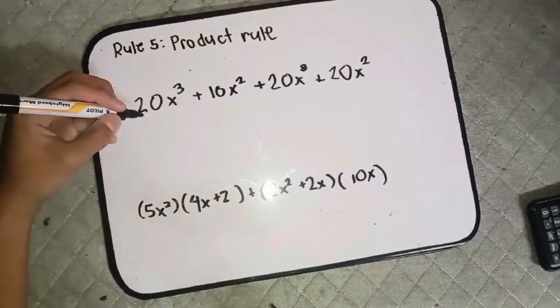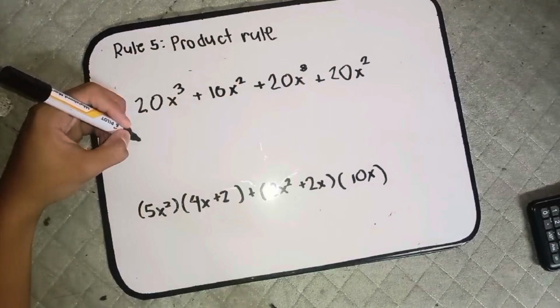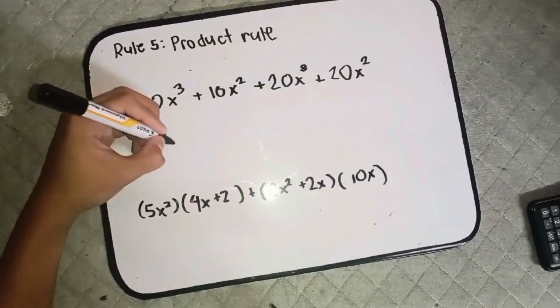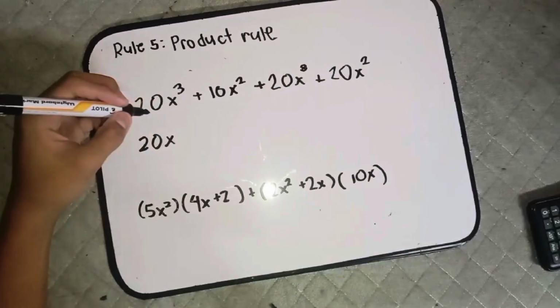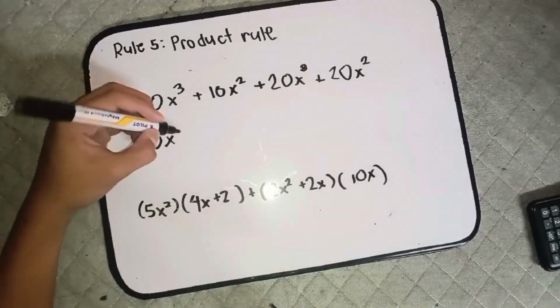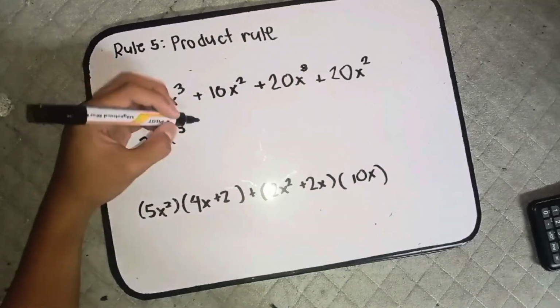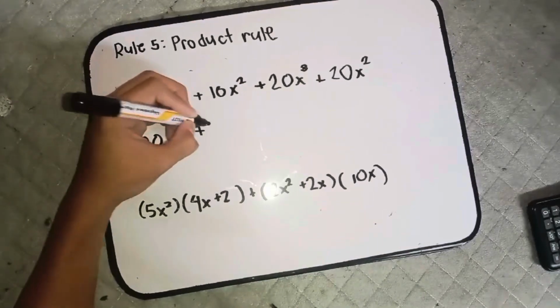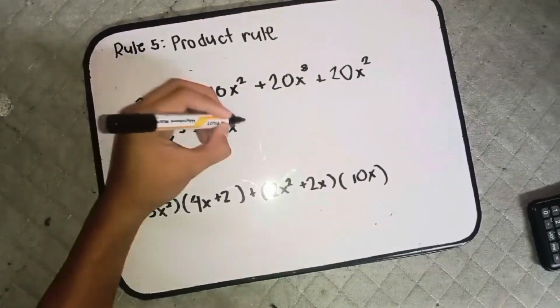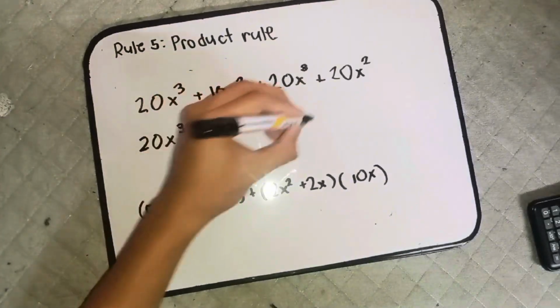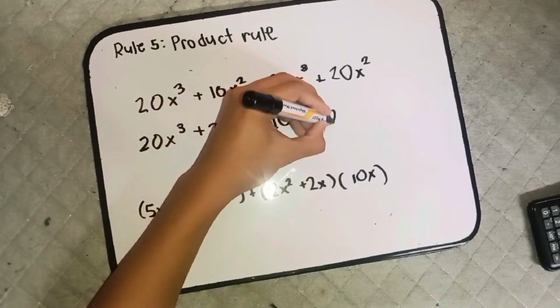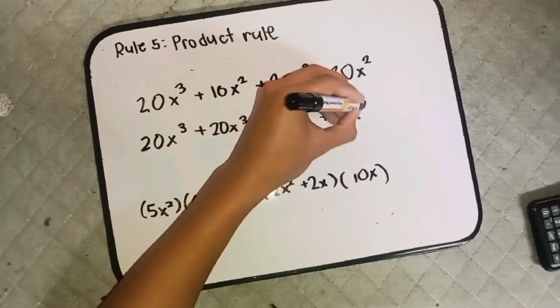Now let's arrange it based on their exponents. The highest exponent goes to the left side, and the lowest goes on the right. Let's copy 20x raised to 3 and move the other 20x raised to 3 beside it, and move the 10x raised to 2 beside the 20x raised to 2.